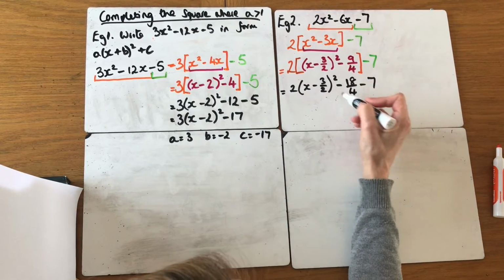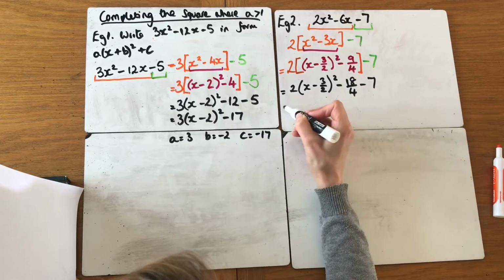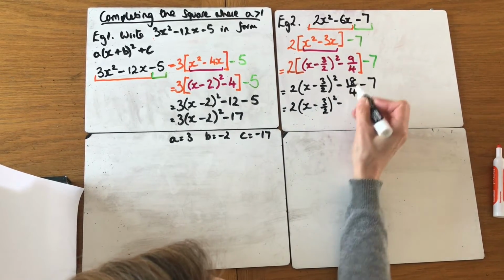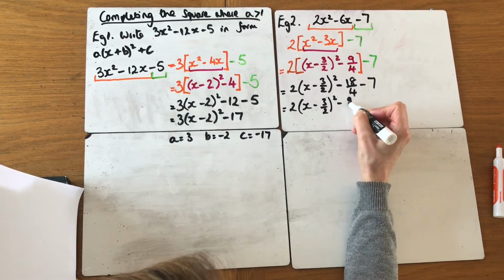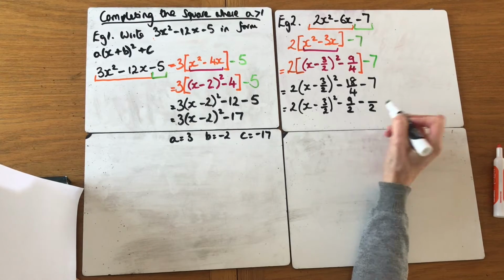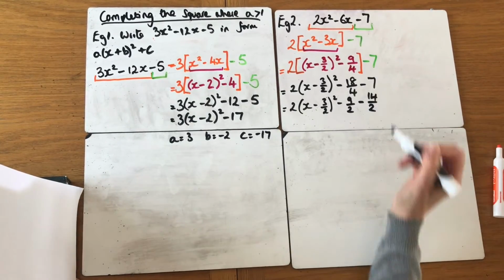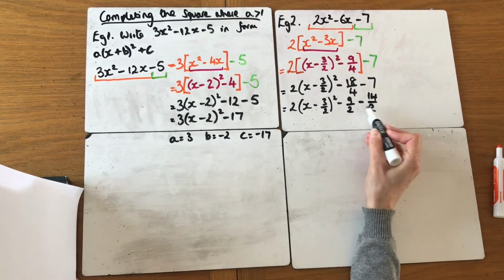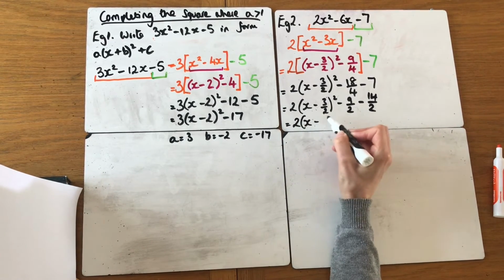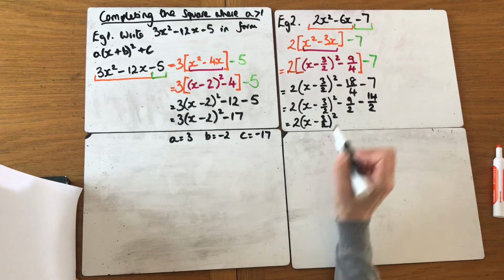Now in order to do this subtraction at the end, in order to simplify, the first thing I want to do is simplify 18 over 4, which gives me 9 over 2, and then if I write 7 as a fraction over 2, which is 14 over 2, can you see I've now got common denominators, which makes it much easier to subtract those fractions.